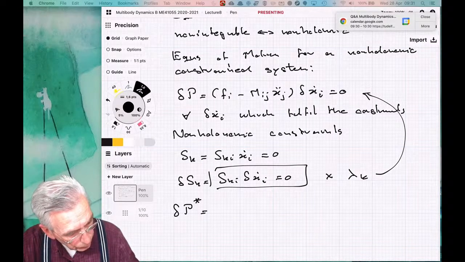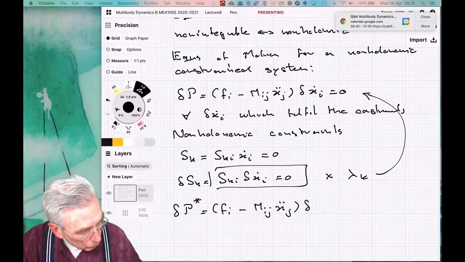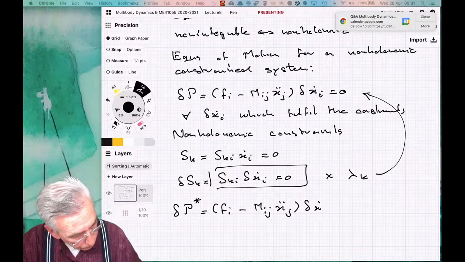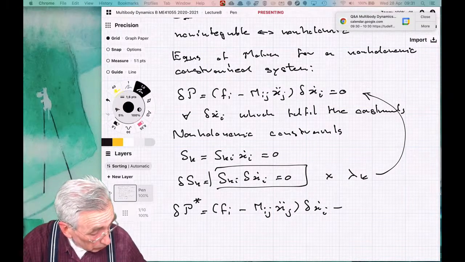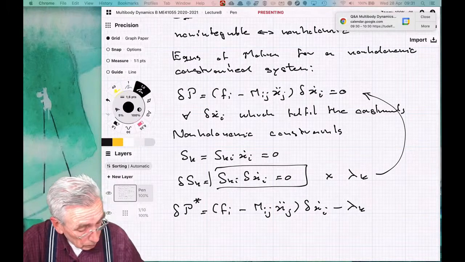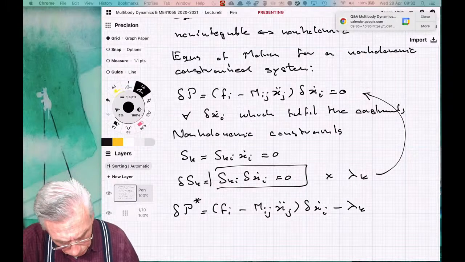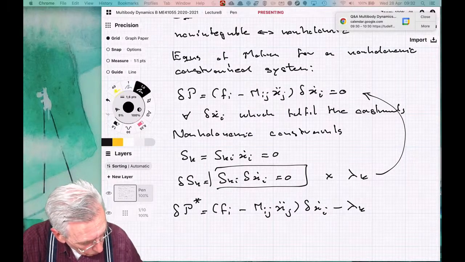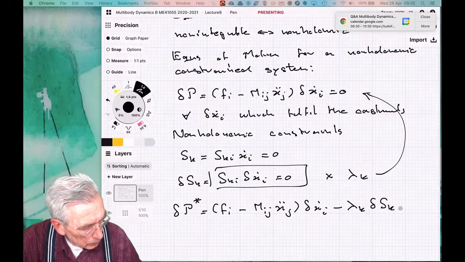We put a star there, we get F_i minus M_ij x double dot j, times virtual velocity i, and then minus, this is just a sign convention, it has to do with power supplied or subtracted to the system, lambda_k S_k is 0.